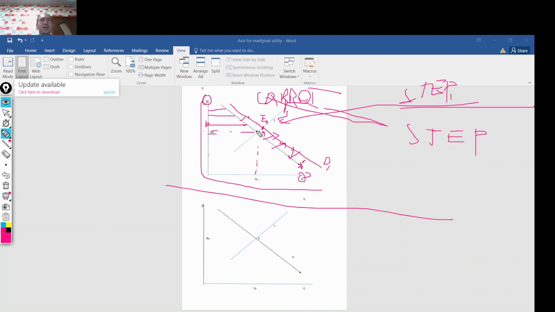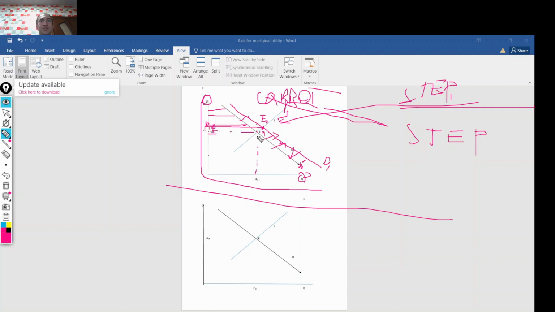Compared to the original one, that point of equilibrium will have a higher price, P1, compared to the original P0 coordinate. The new point of equilibrium will have the higher price.